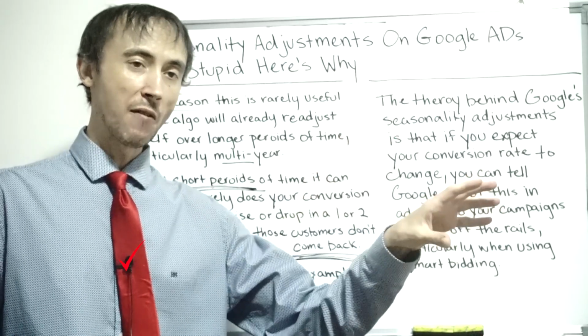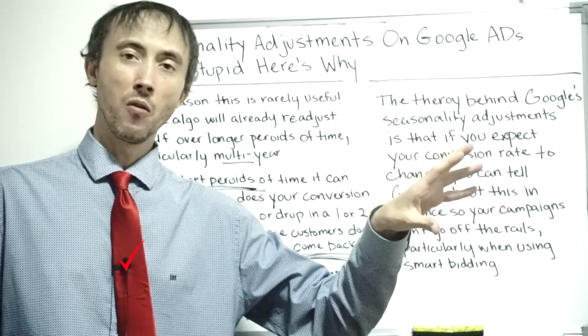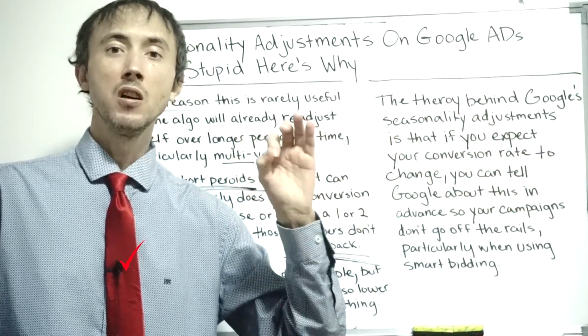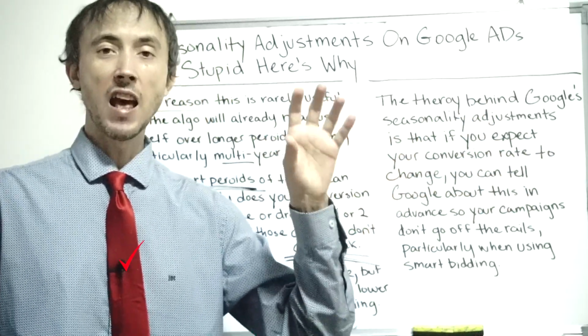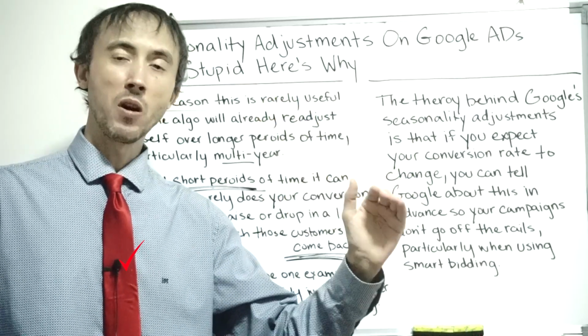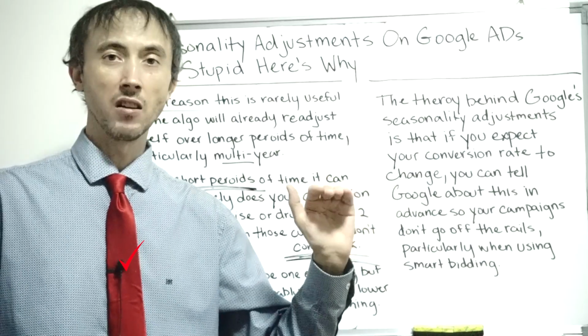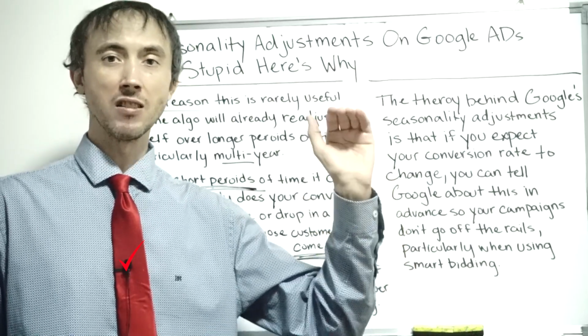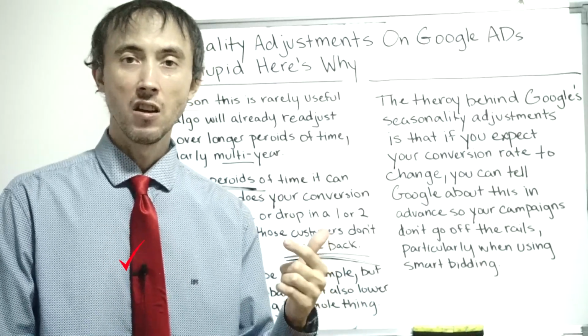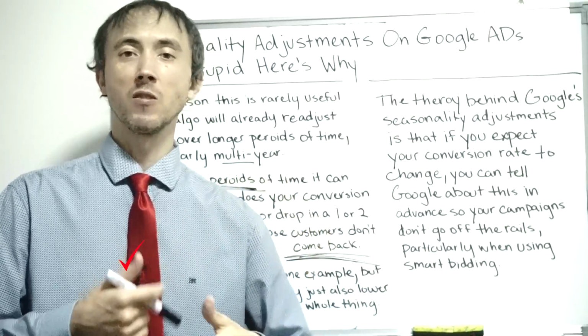So, again, you could advertise and teach the algorithm, and after 1 or 2 years it would figure it out on its own. But before you have to pay to have the algorithm learn, you could tell the algorithm up front, hey, on February 14th the conversion rate is going to be like 20% of the conversion rate it is on February 13th, and save yourself some money before the algorithm has to find out the hard way.